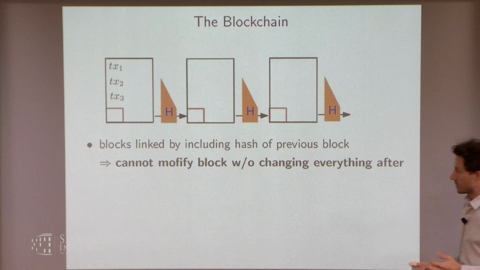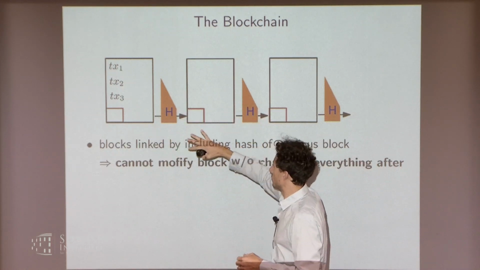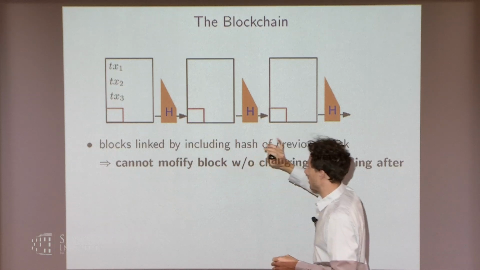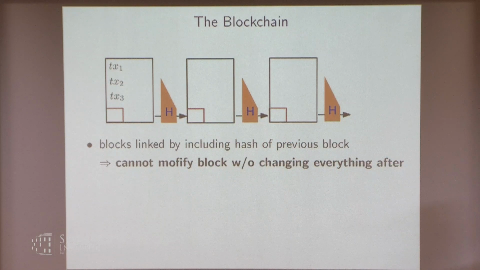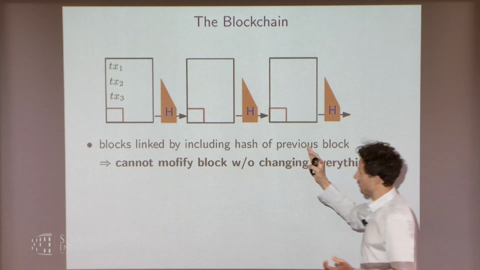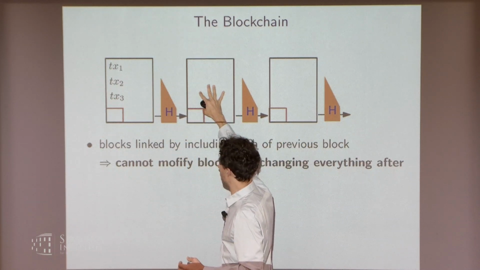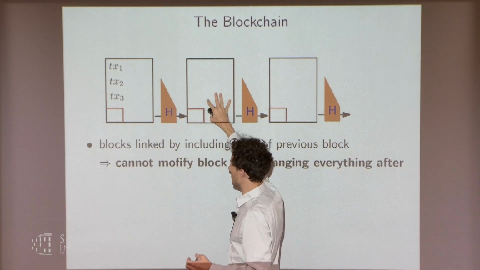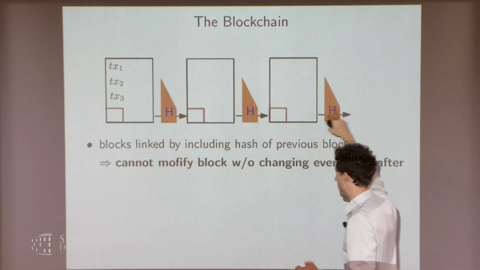This effect of small changes leading to big changes in the output, at least for computational adversaries, has the following effect. What's the blockchain? It's blocks where each successor block contains the hash of the preceding block.